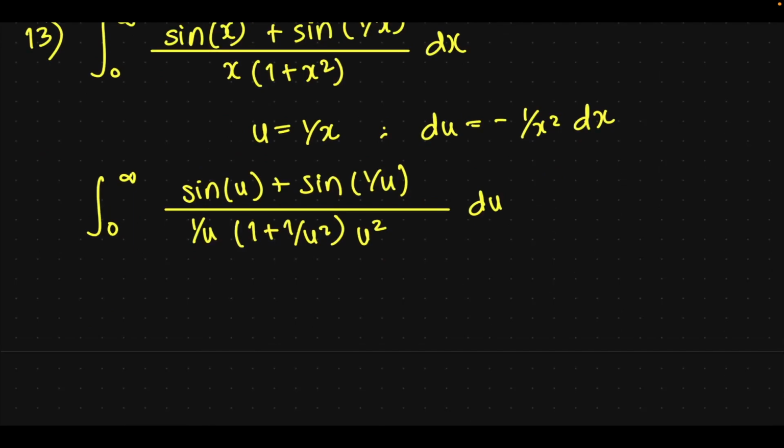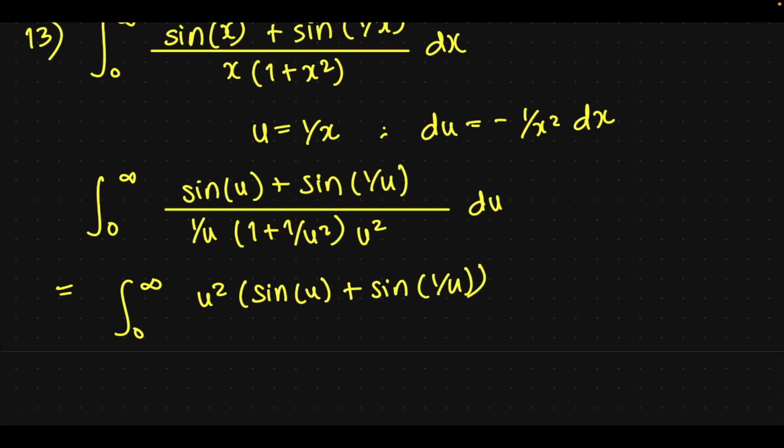When we rewrite this, we get the integral from 0 to infinity of u squared (sine of u plus sine of 1 over u) divided by u times (1 plus u squared) du.